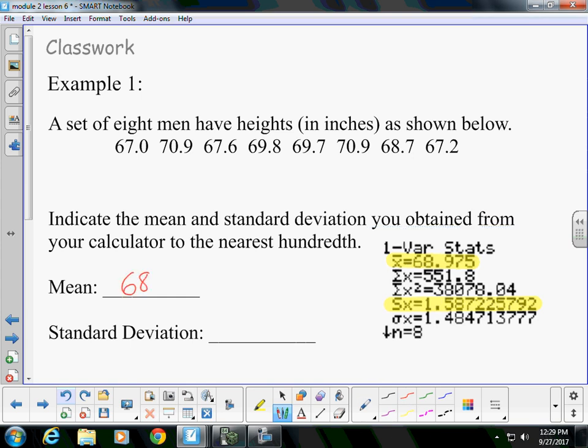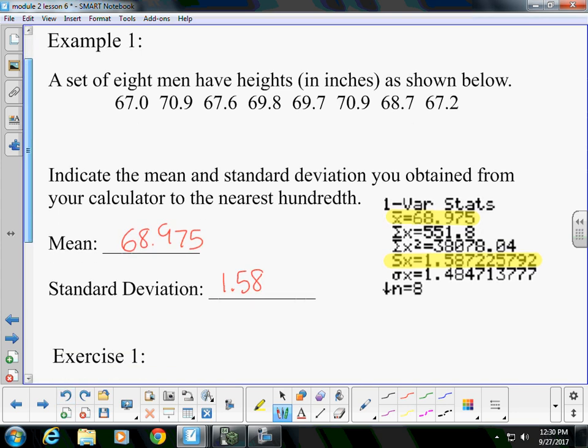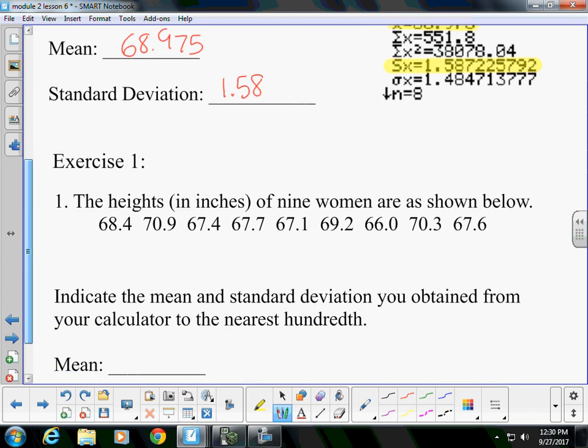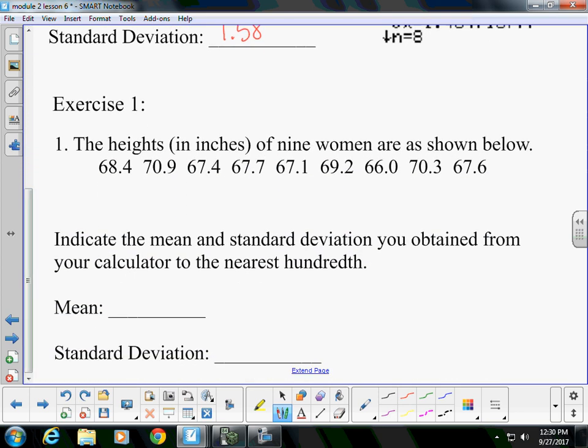This is on my calculator. And the standard deviation is that one with the SX. That's 1.58. And that's the same numbers that I came up with by hand. So both methods work. And when we take our test next week, you can decide which method you prefer to use. Okay, so let's do another one now by calculator.